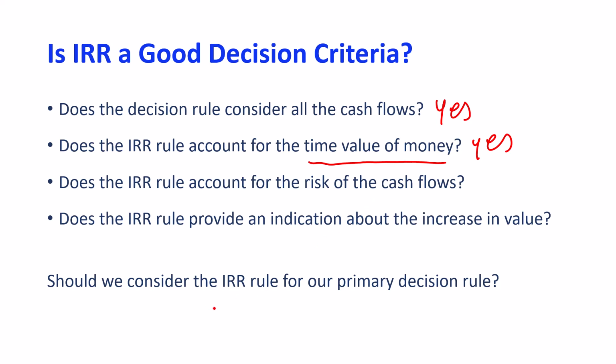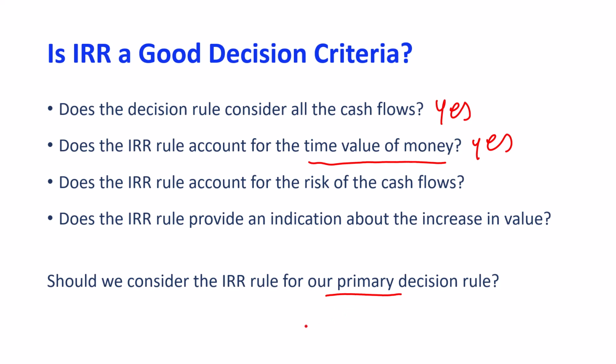Now, should we consider the IRR rule as our primary decision rule? The answer is no, because as we will see in future videos, there are some shortcomings when it comes to IRR.